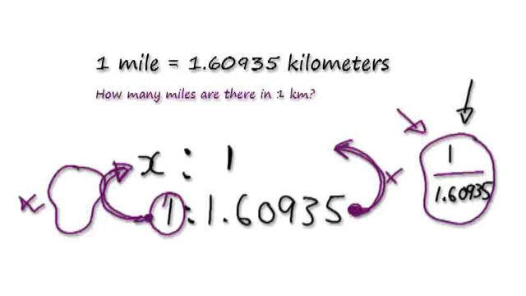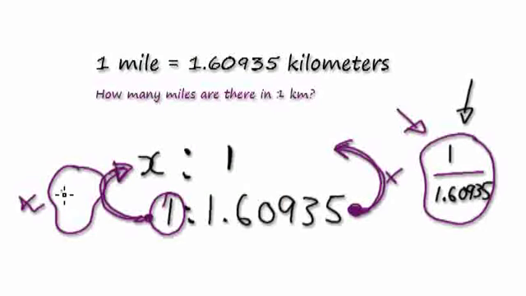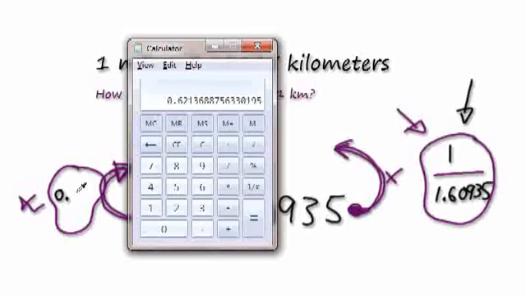Okay. So jump to your calculator. Clear this. 1 divided by 1.6093. So the multiplier would be this. Okay. Would be 0.6.